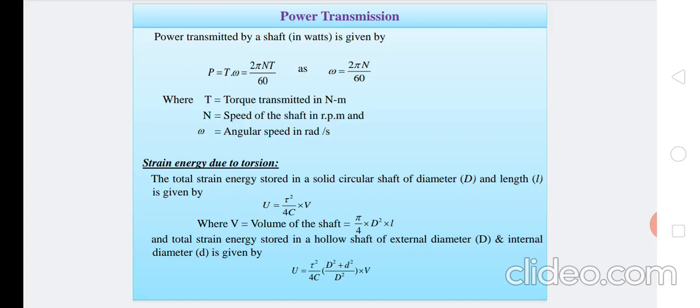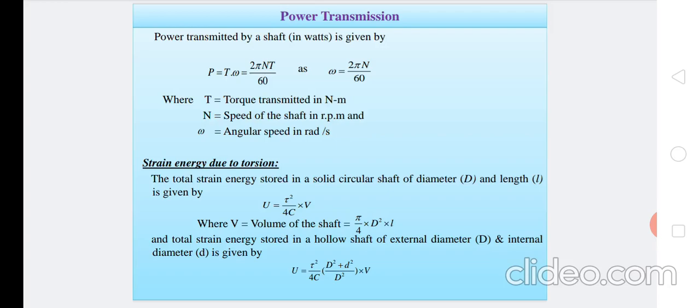Now, strain energy due to torsion. The total strain energy stored in a solid circular shaft of diameter D and length L is given by U equals tau square upon 4C into V, where tau equals shear stress, C equals modulus of rigidity, and V equals the volume of the shaft, where V equals pi by 4 into D square into L, where L equals length of the shaft and capital D equals diameter of the solid shaft.